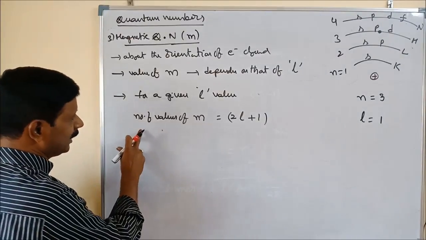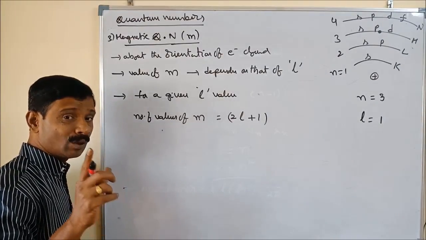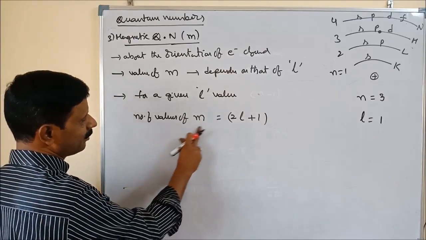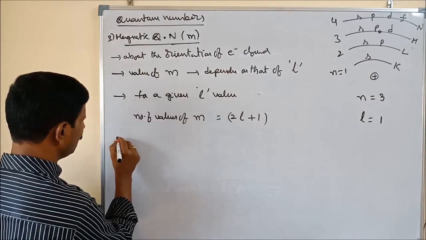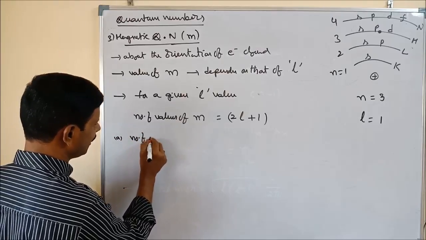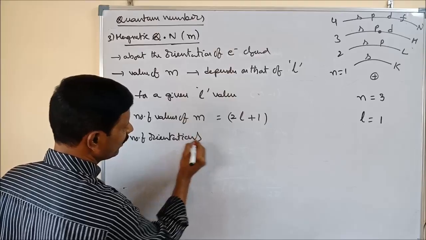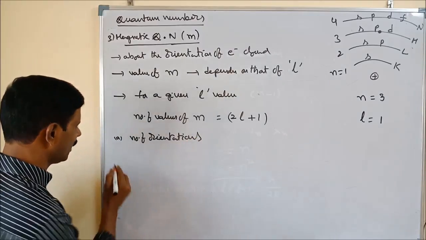And one more thing, each m value represents one orbital or one orientation. So this number of values of m is nothing but the number of orientations, and each orientation is nothing but one orbital.